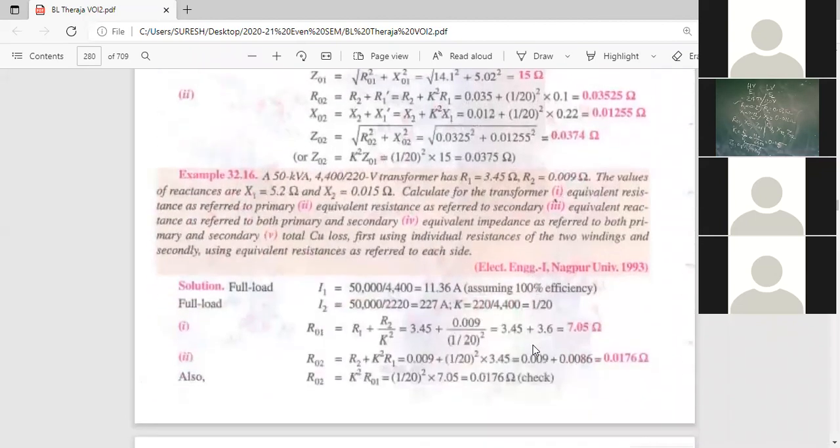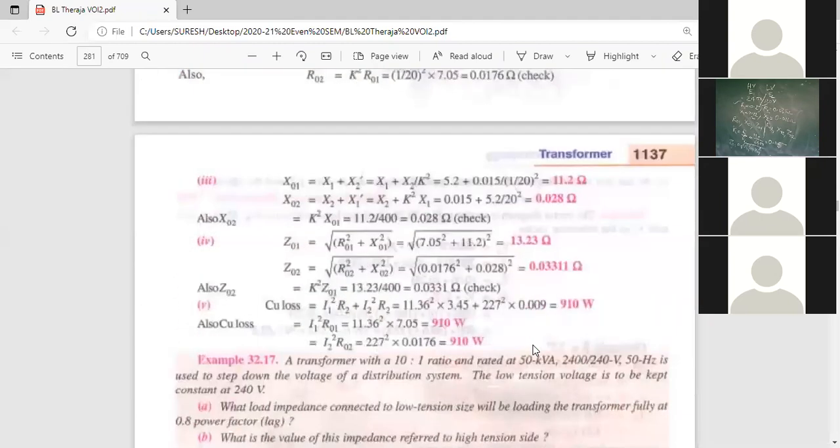Total copper loss, first using individual resistances. What is the formula for copper loss? See the copper loss, I have put the cursor on the screen.